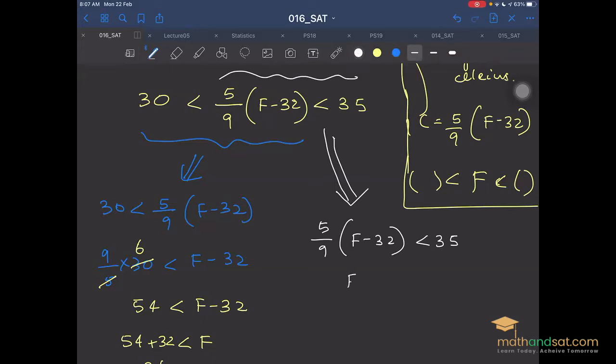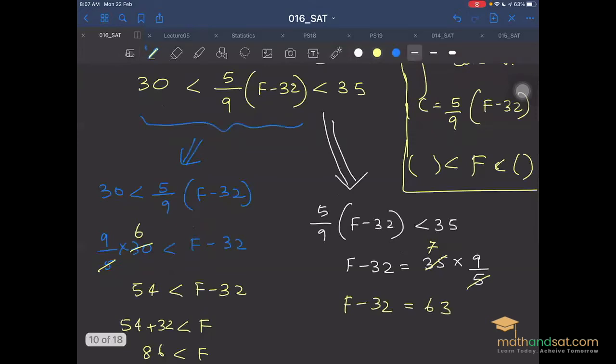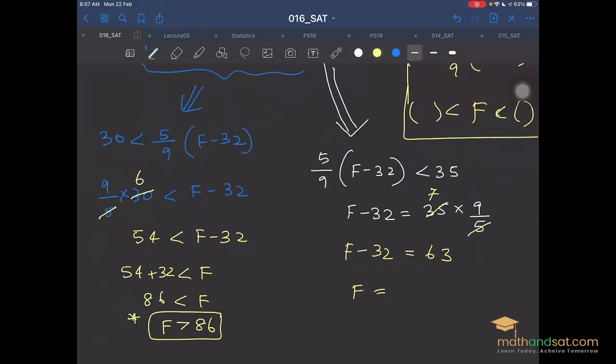So we have F minus 32 is less than 35 times 9 over 5. Now your 5 and 35 cancel, leaving 7 times 9. So we have F minus 32 less than 63. So you have F less than 32 plus 63. So your F is less than 95.